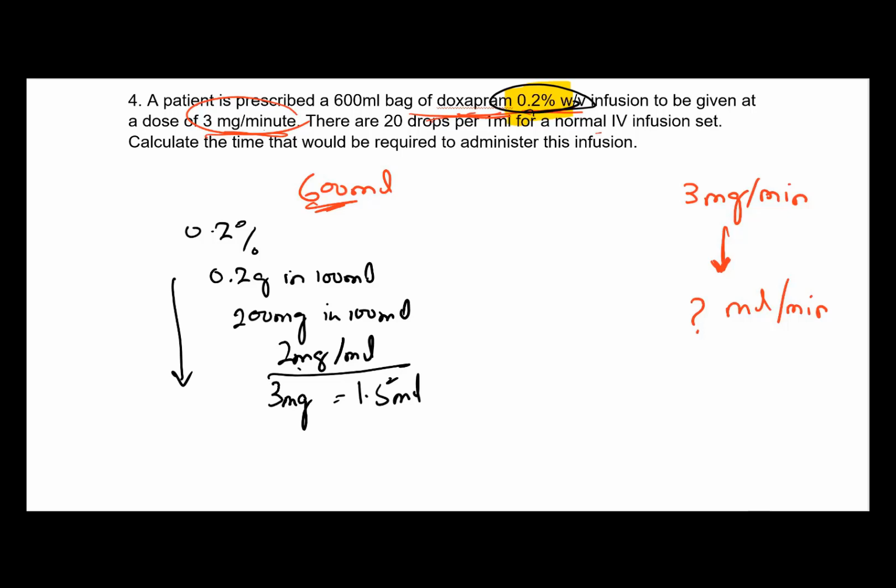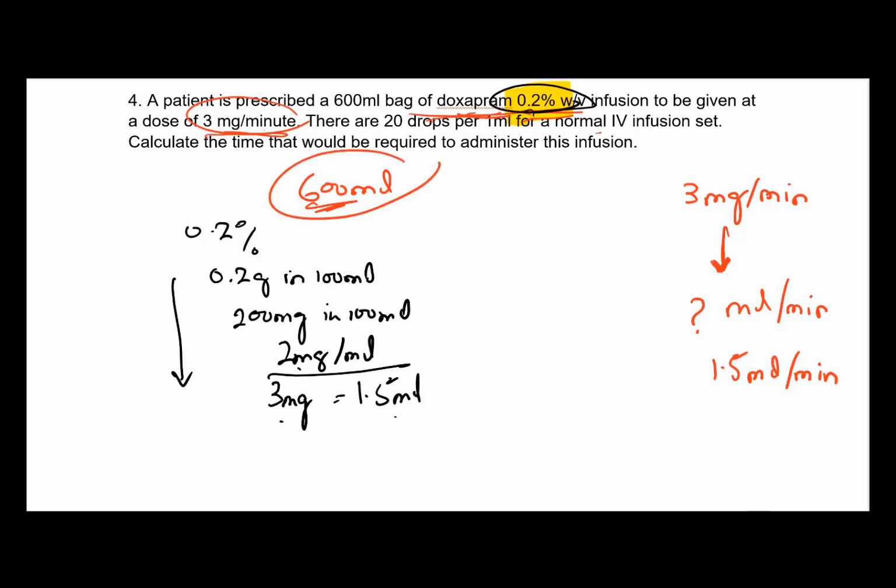So if 2 milligrams is present in 1 mil, 3 milligrams will be present in 1.5 mil. So this turns out to be 1.5 milliliters per minute. I have converted milligrams per minute into mils per minute using this information.